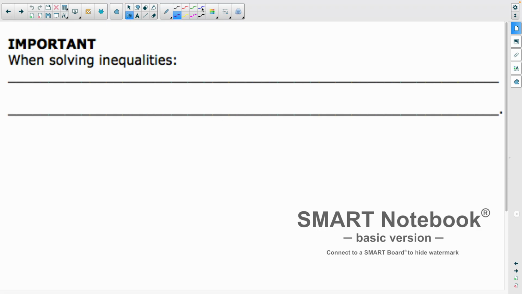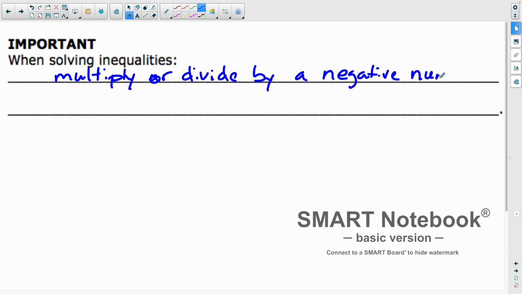Anybody remember their important rule with inequalities that we have to be mindful of? When you multiply or divide by a negative number, that's correct, we have to flip the symbol.